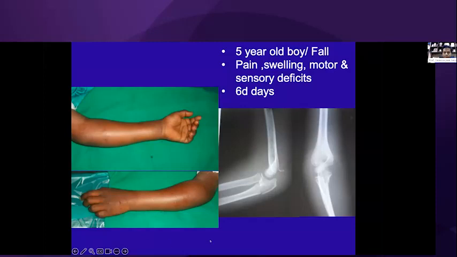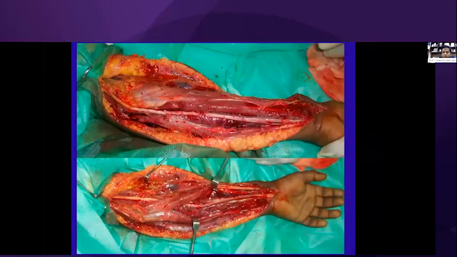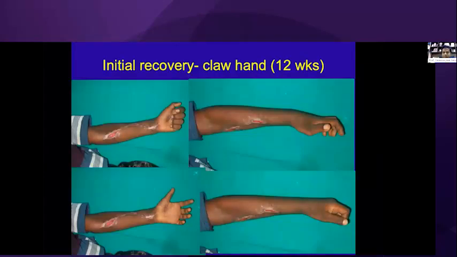Then we need to do the compartment release, even though it is a 6 day old injury, especially in children. At the same time, we did neurolysis of both the median and the radial nerve. By 6 days, we expected that the wound might dehisce, and exactly that happened. The wounds started dehiscing.